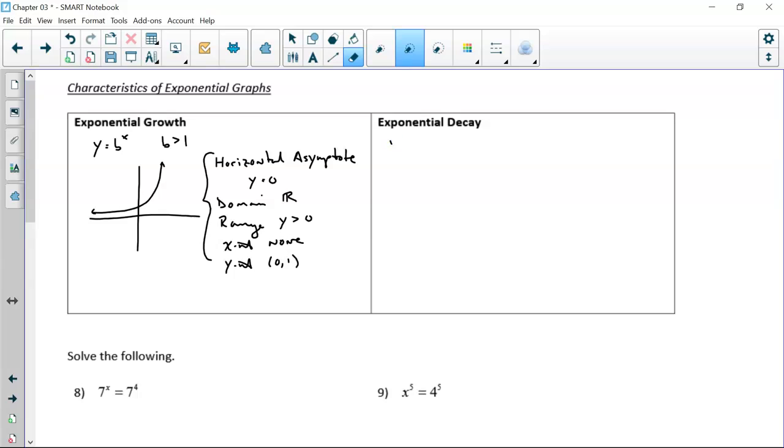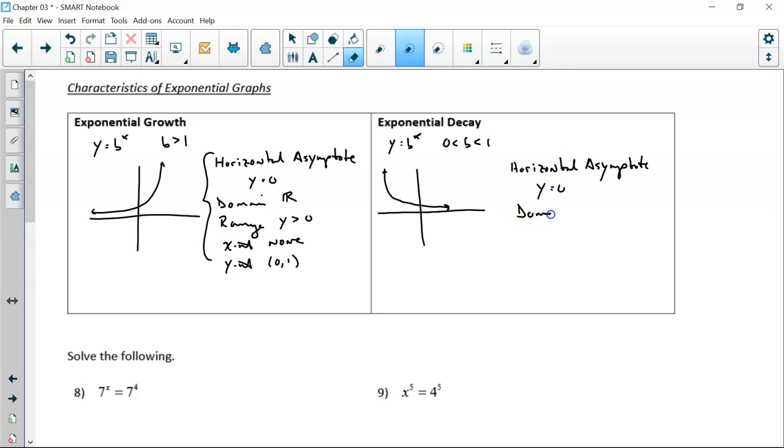For exponential decay, y equals b to the x still, where b is between 0 and 1. So you're going to see a graph that looks like this. It's going to fall from left to right. So the horizontal asymptote is going to be at y equals 0.